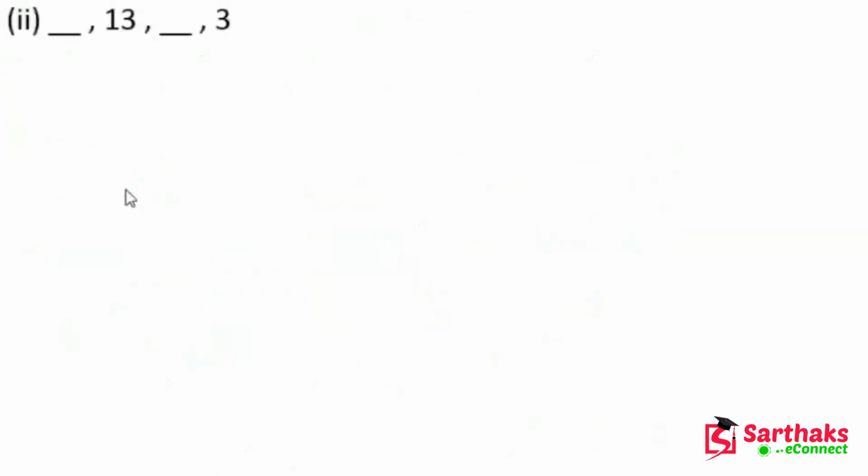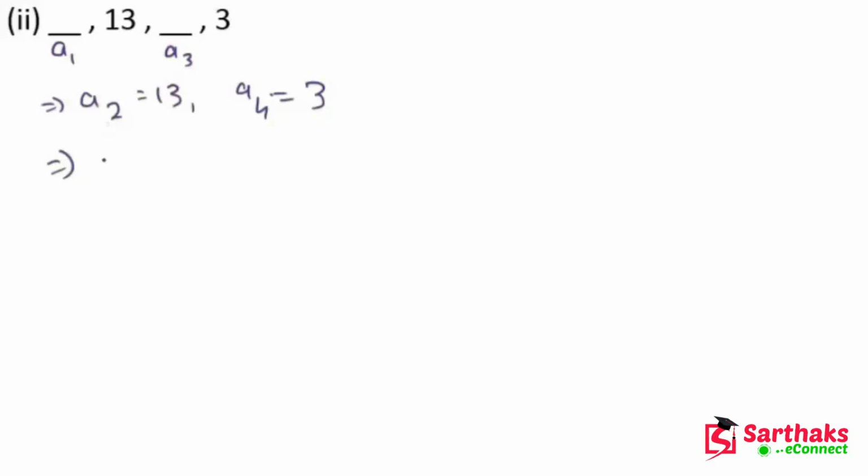Now let's move on. Now we have to find A1 and A3. We know A2 equals 13 and A4 equals 3. So how can we find them? We have two values, so we can make two equations like this.